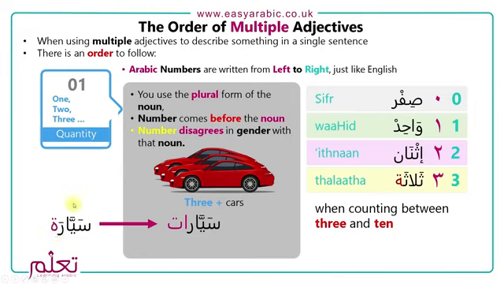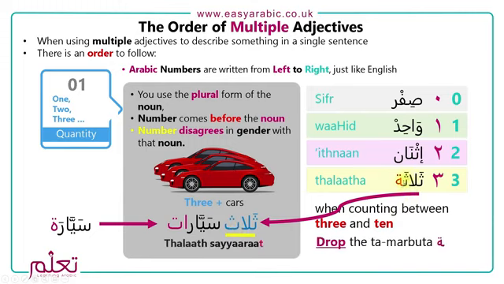Here we know that this is a feminine word, so we'll use the masculine version of the number. It's called thalatha, and we write it down as thalath, because we drop the ta marbuta at the end of the number. So it's thalath sayarat. I hope that made sense.